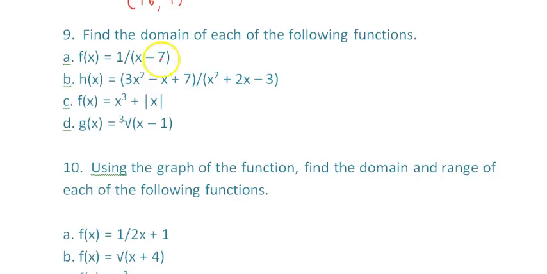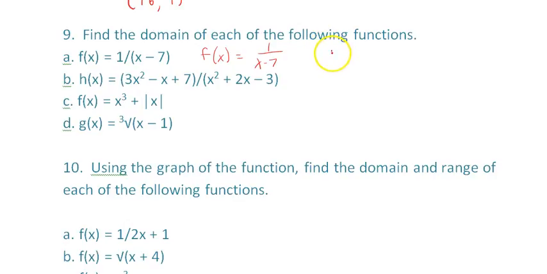What would I plug into this denominator? And again, remember, this is like saying 1 over x minus 7. I just had to type it out a little differently. What would we plug in that would give us a 0 on the bottom? Hopefully you would realize that it would be a positive 7. And anything else that you plug in, you're going to get a number, so it's going to work.